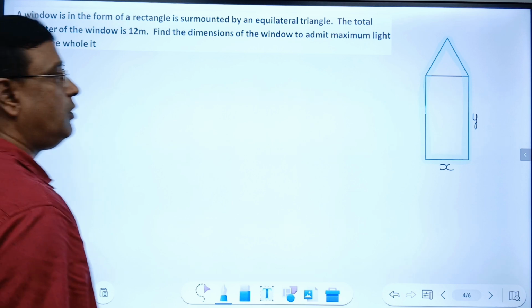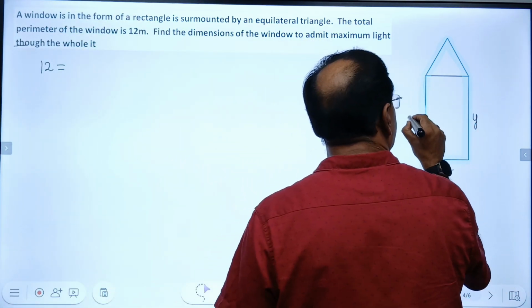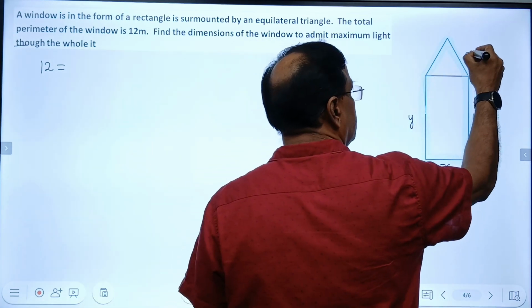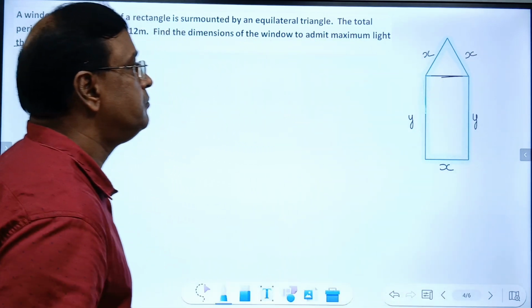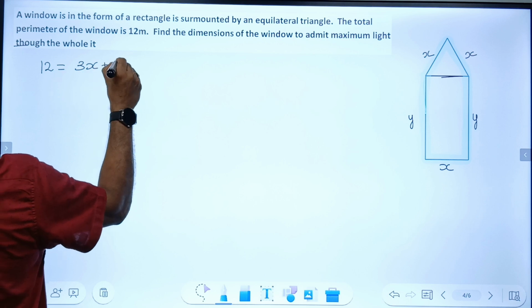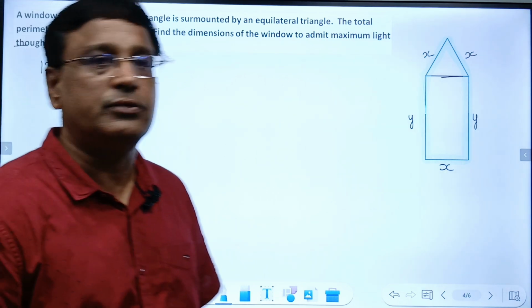Now what is the perimeter formula? Sum of all the sides. This is x, this is y, this is also y. And since it's an equilateral triangle, these two must be x, right? Because this is also x. So it is 3x plus 2y equal to 12. This is what is given to you. The total perimeter is given.